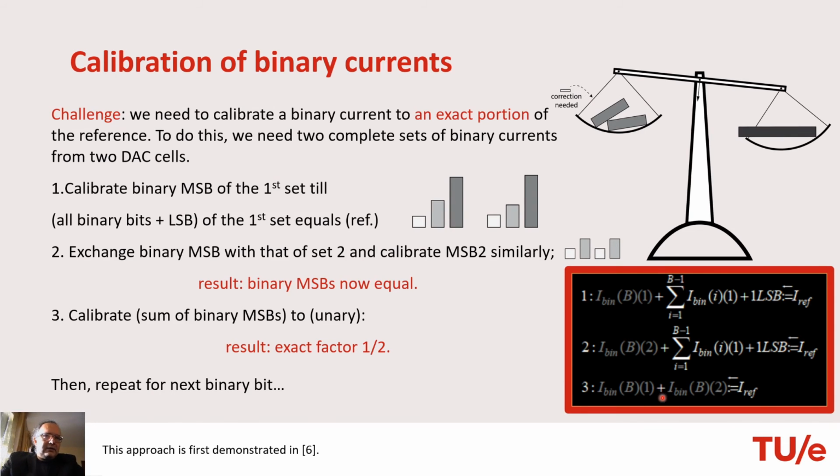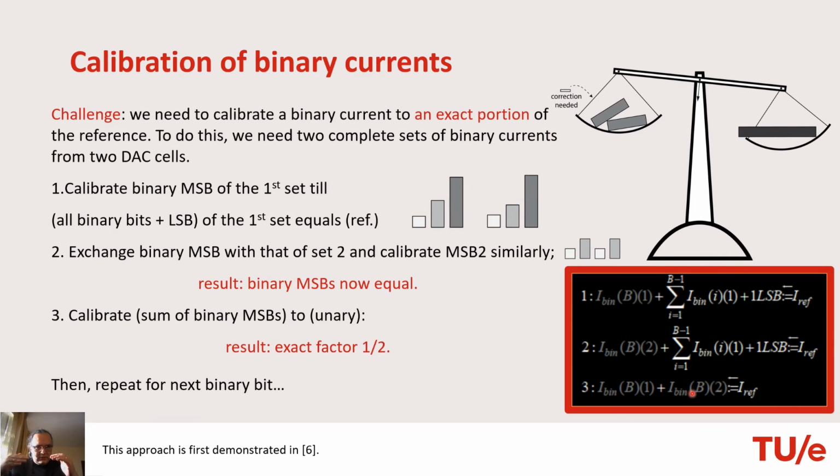So you connect the MSB of the first set and the MSB of the second set on one side of the current comparator, and on the other side is of course the reference, and then you change the calibration DAC, so you add or subtract current simultaneously of the MSB of set 1 and set 2.